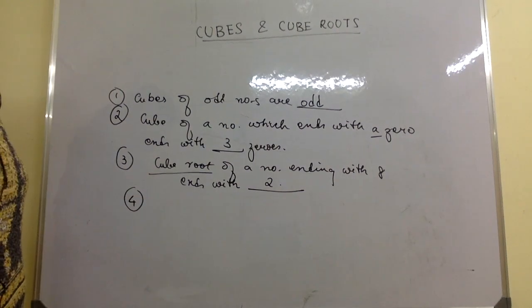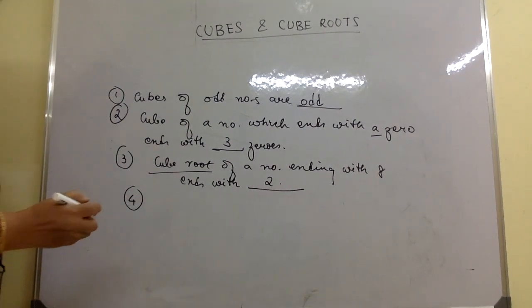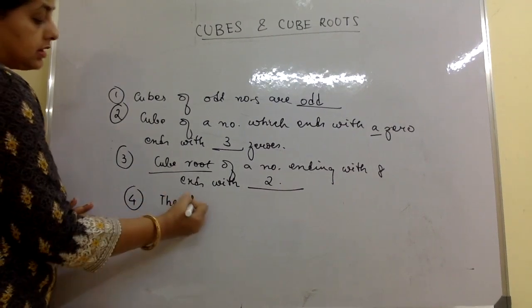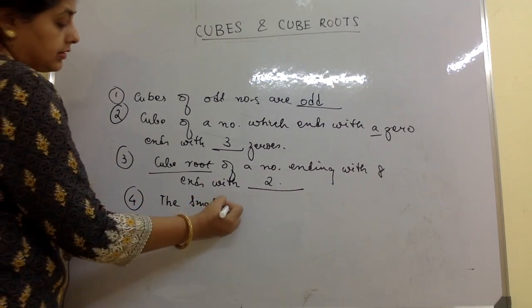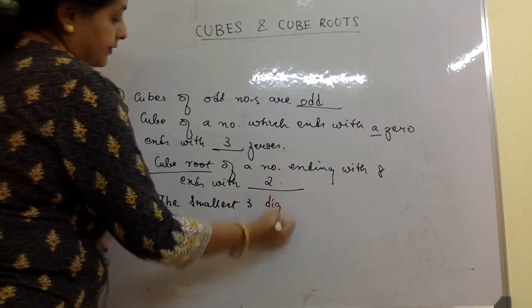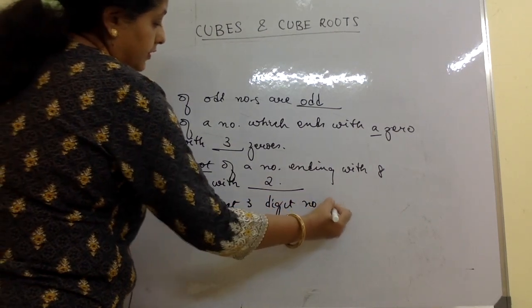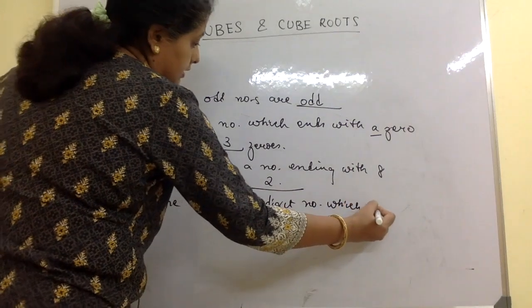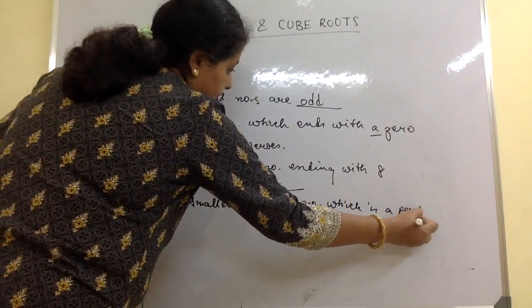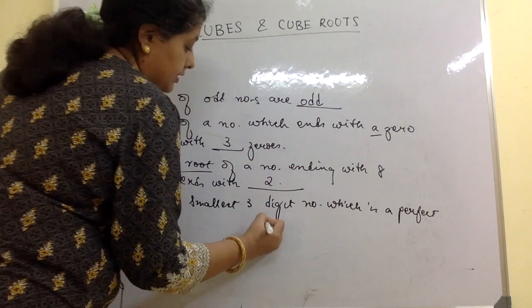The smallest 3-digit number which is a perfect cube. What is it?